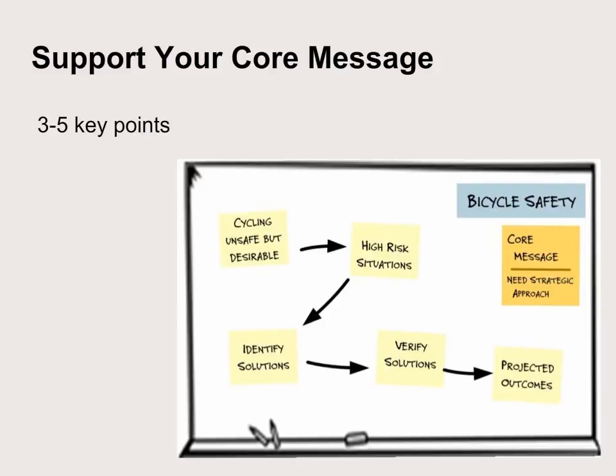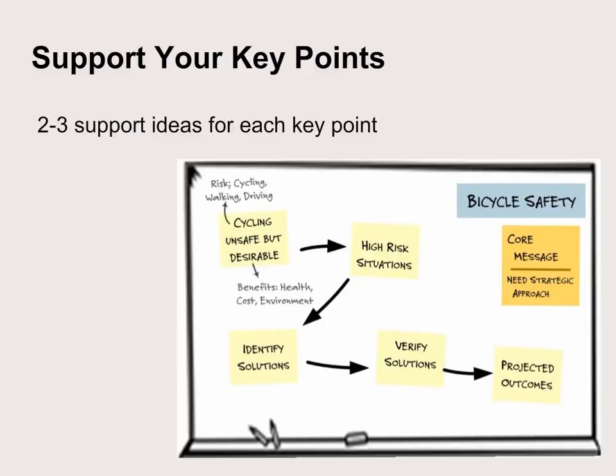I need to support each one with some relevant ideas. I would need to establish that cycling is unsafe, and to do that I might discuss the risks, possibly in comparison to other forms of getting around, such as walking and driving.